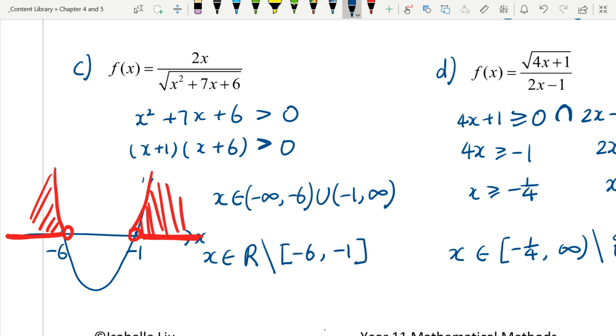No. So that's why we exclude them from the second set, like from the first set. So the second one has -6 and -1 inclusive. I don't want them, so that's why I put square brackets around that. Well, we don't really use this one. It's very confusing, I need to think, oh, square bracket or round bracket. So the first one is good enough to write and it's the common one to use.